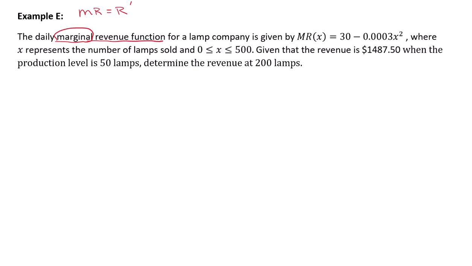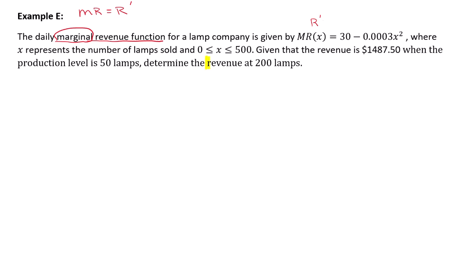That's the same thing as saying this is R prime. X represents the number of lamps sold, which will be between 0 and 500 included. Given that the revenue is $1,487.50 when the production level is 50 lamps, determine the revenue at 200 lamps.